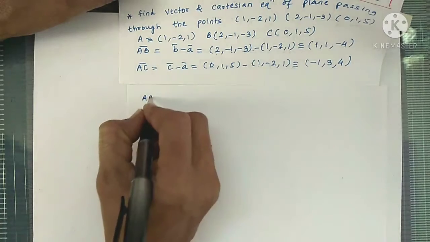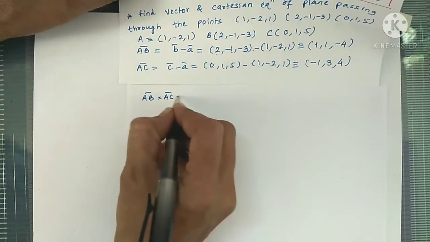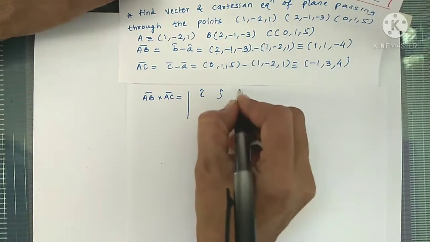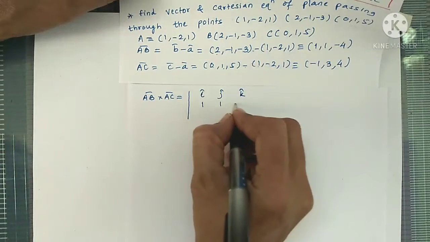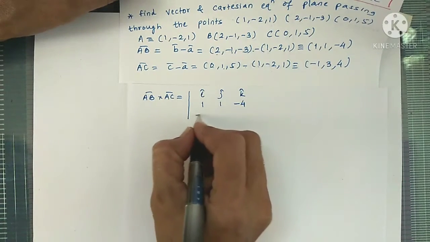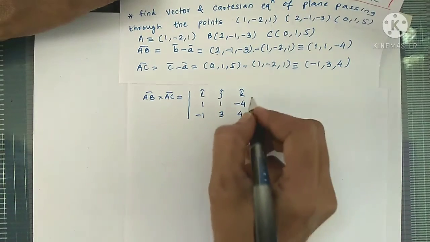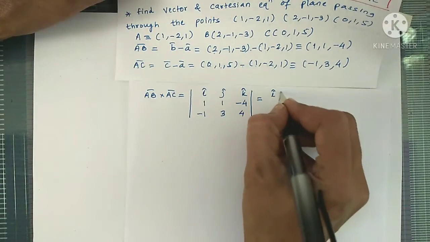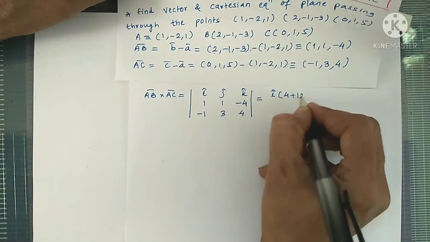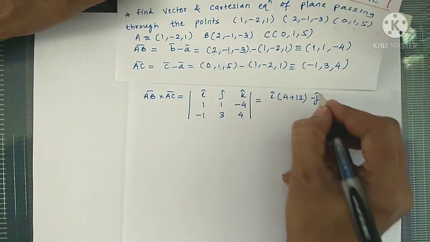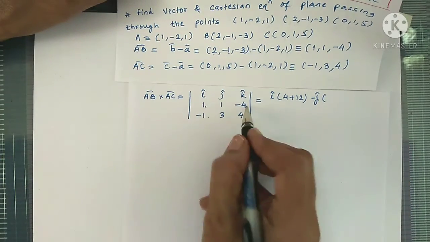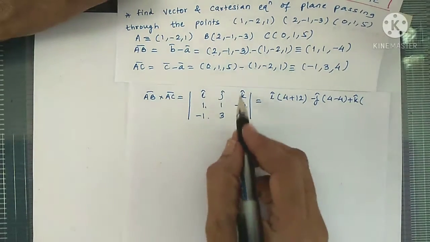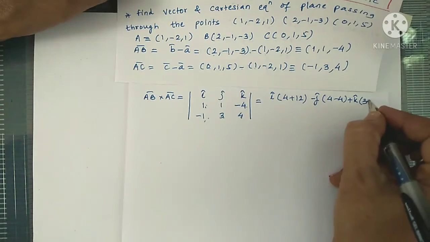AB bar cross AC bar equals the determinant with i cap, j cap, k cap; 1, 1, -4; and AC bar: -1, 3, 4. That equals i cap times (4 minus minus 12, that is 16), then minus j cap times (4 minus 4), so this becomes 0, plus k cap times (3 minus minus 1, that is 4).